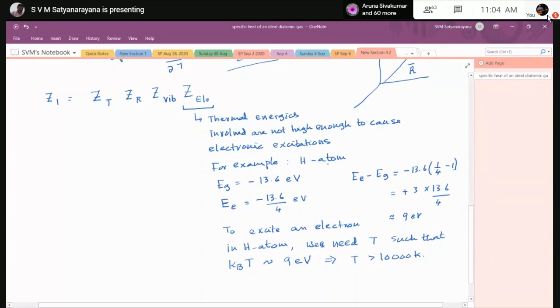So I'm not going to do any calculation or experiment with the diatomic gas having a temperature of this magnitude.